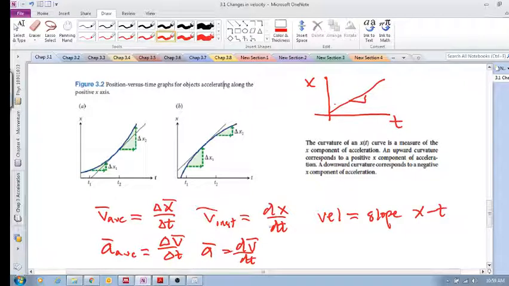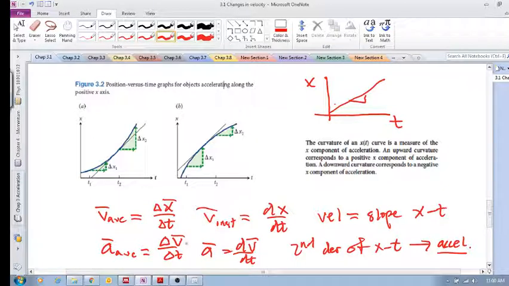So what we see here is that if we take the derivative of my position time and if we take the second derivative of my position time, we will get whatever our acceleration is. So we take the derivative of position time, we get velocity.